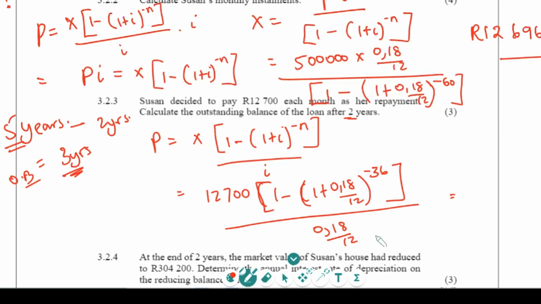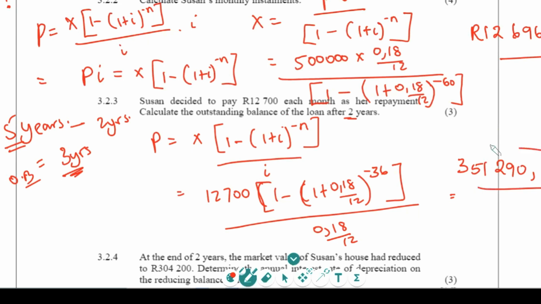So that is 12,700 into 1 minus 1 plus 0.18 over 12 to the exponent of negative 36, close brackets. I'm dividing by 0.18 over 12. That gives me 351,290.69.